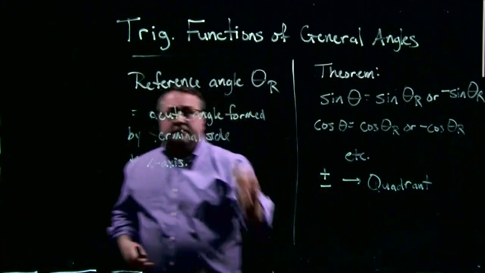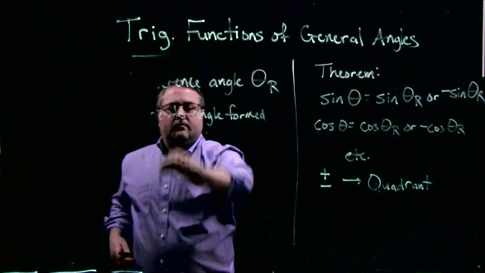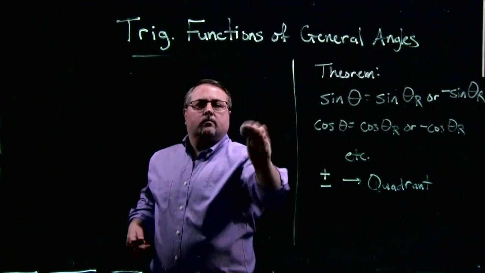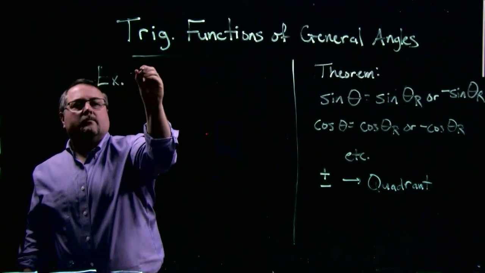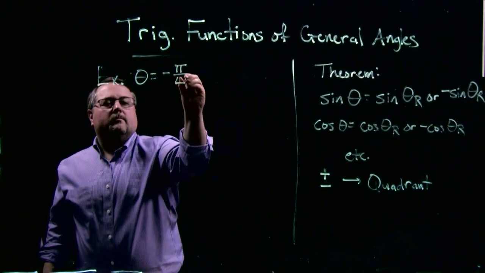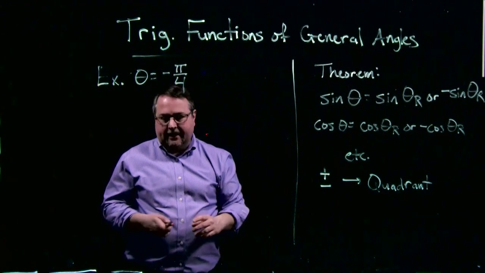Okay, so for example, let's suppose we looked at the angle theta equals negative pi over 4.